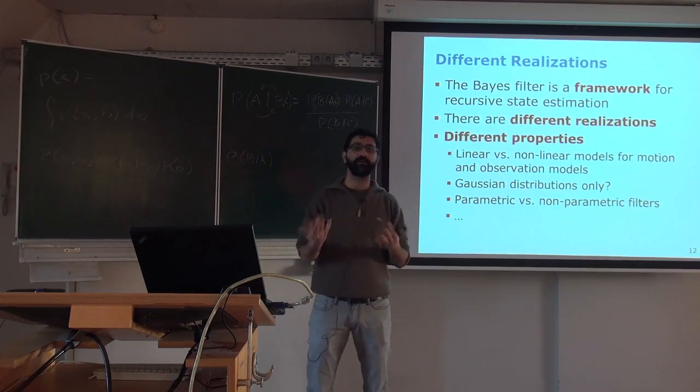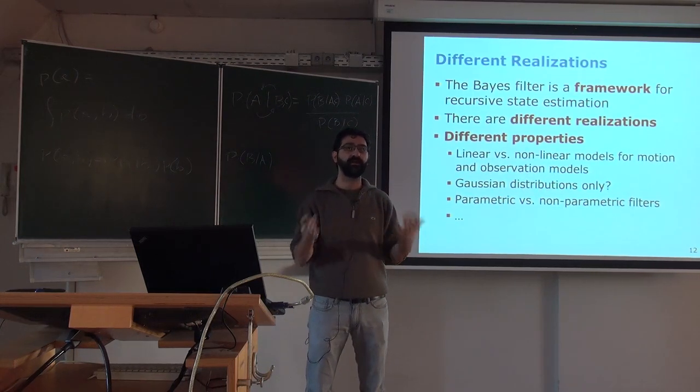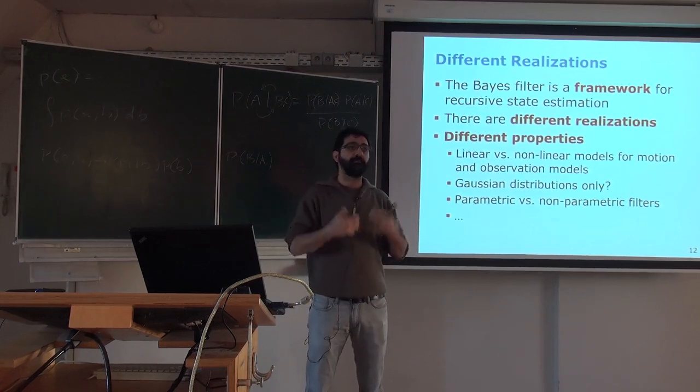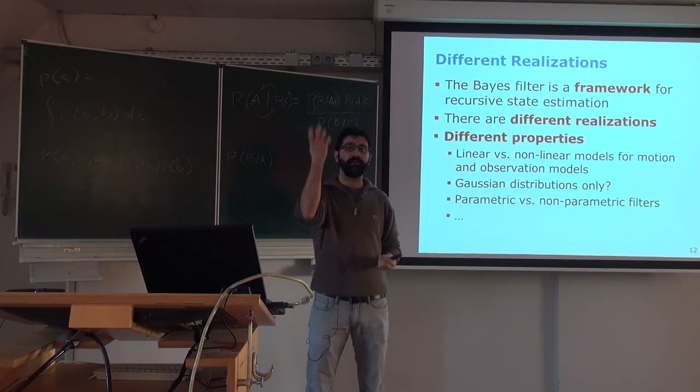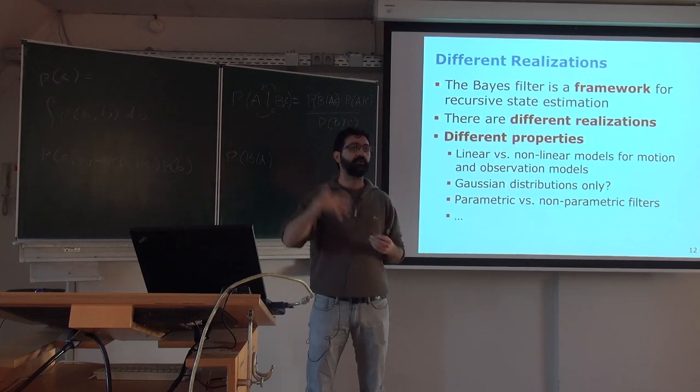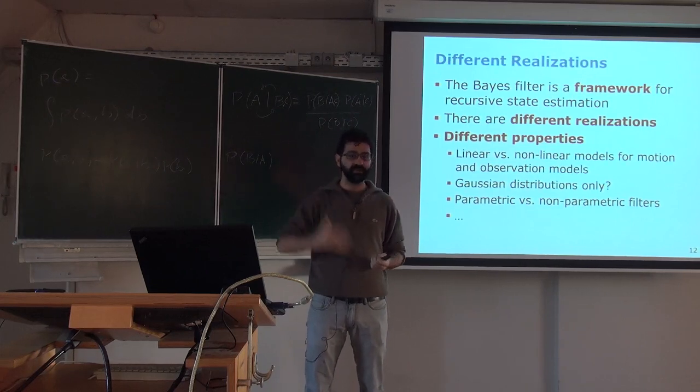Linear means that there is just an affine transformation or a linear transformation of the input to the output. Linear transformations are multiplication with a constant or multiplication with a matrix, or sum or difference between different vectors, and so on.